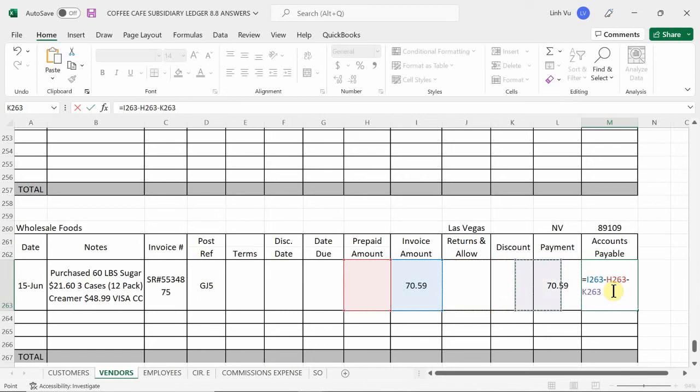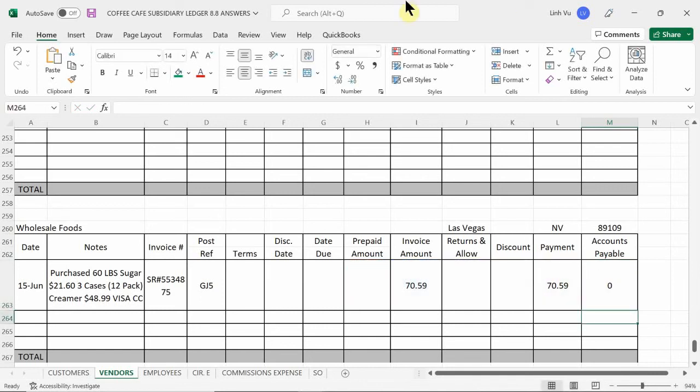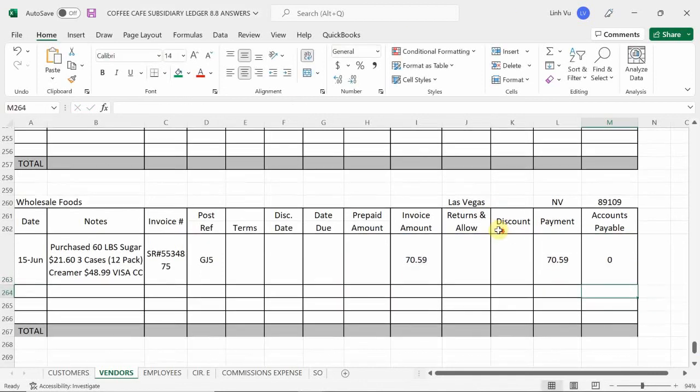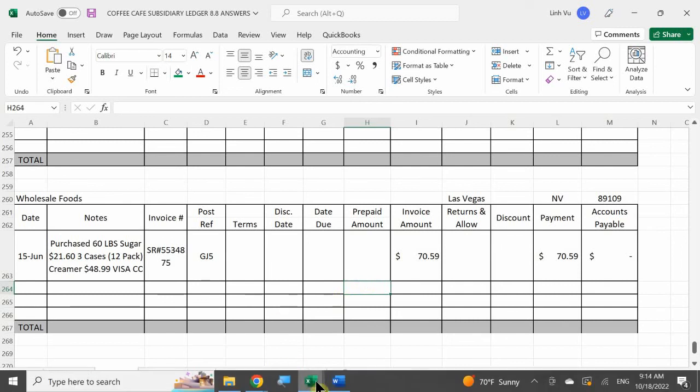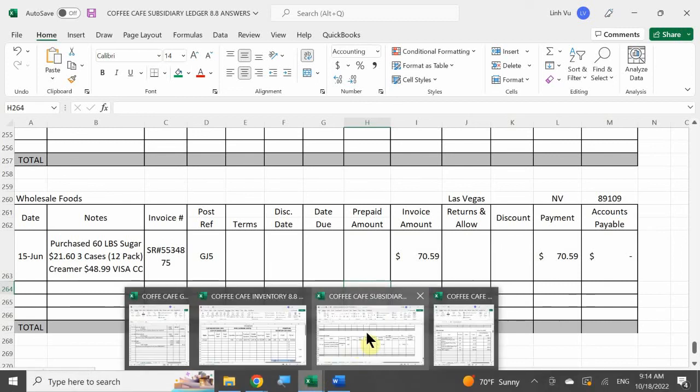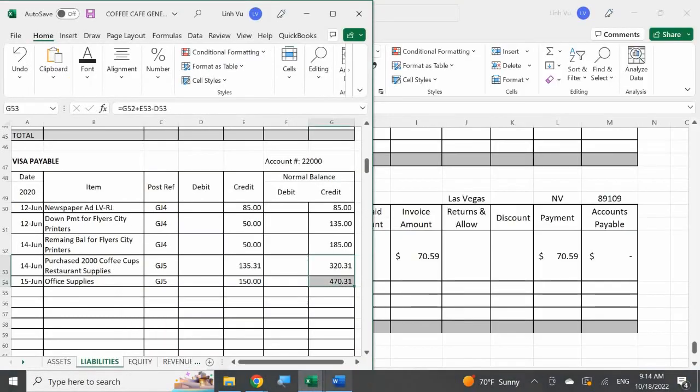Plug in my formula here. So right now I owe wholesale food store nothing because I purchased and paid at the time of purchase. Good. Then we're going to go to our Visa payable. We're going to update our ledgers.